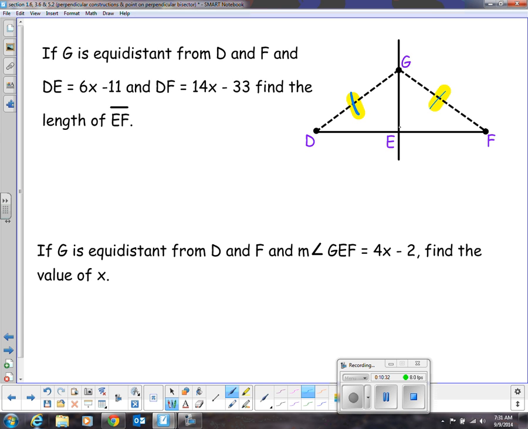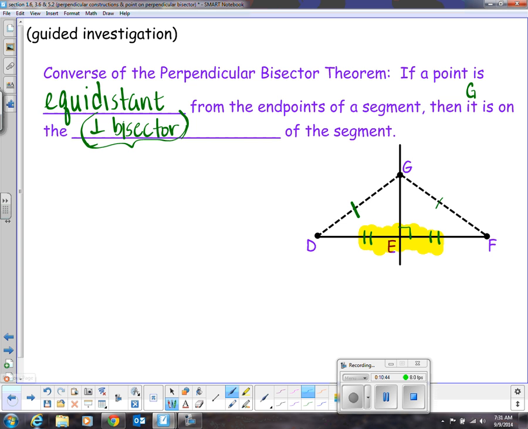Okay, it's not an angle bisector, but GE does what to this segment? So, if we know a point is equidistant from the endpoints of a segment, then G is on the what? What kind of bisector? What does that symbol mean?